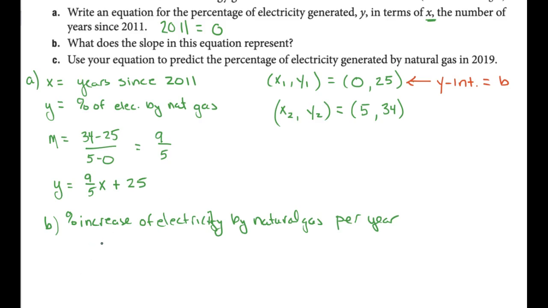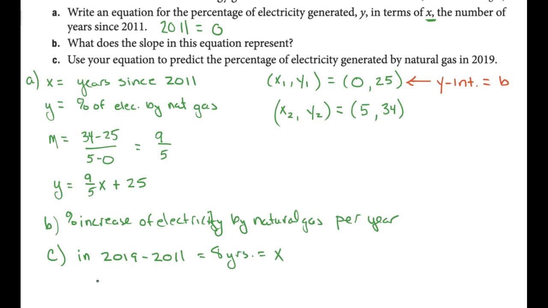The last question is use your equation to predict the percentage of electricity generated in 2019. So in 2019, we have to say, well, how many years has it been? So we subtract 2011, and that is 8 years. So 8 years equals x, the number of years since 2011. And what we're trying to find is how much electricity is generated by natural gas.